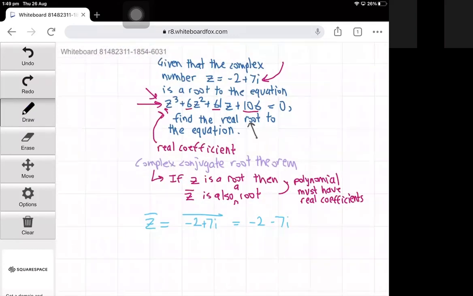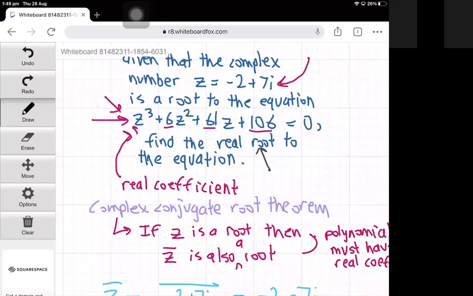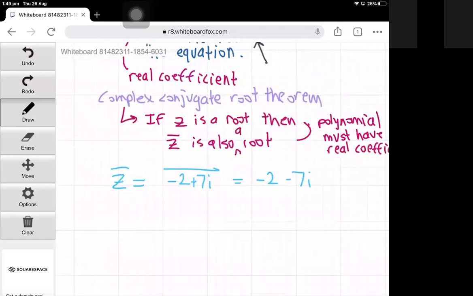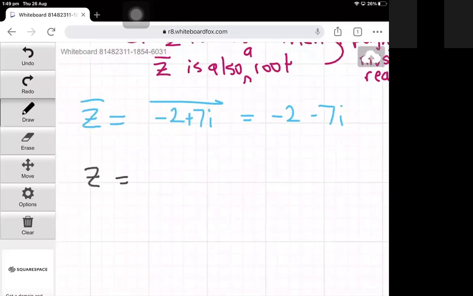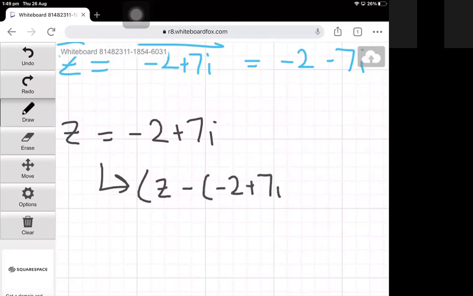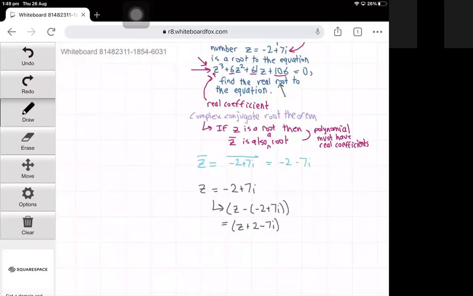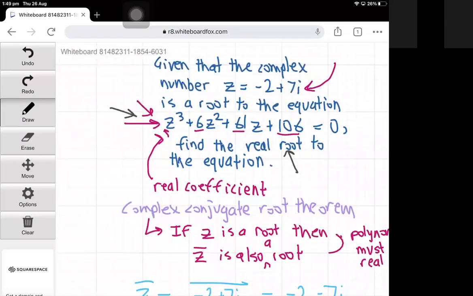So what we can do with the two roots we already have is we can use these to construct linear factors of this cubic. So z equals -2 plus 7i corresponds to a factor z minus (-2 plus 7i), or this is the same as z plus 2 minus 7i, and this is a factor of the polynomial.